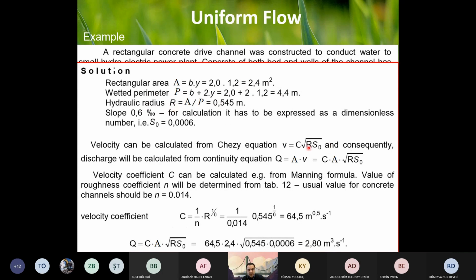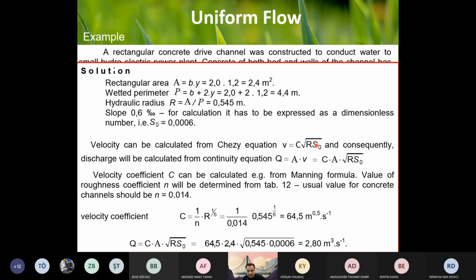Remember this formula. You calculated R. You need to calculate S0. What is the S0 already given? 0.6%. But we should change it to this way: S0 equals 0.0006. It means 0.6%.